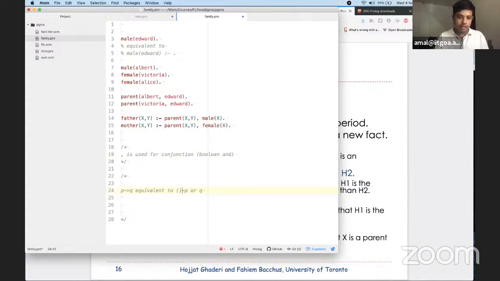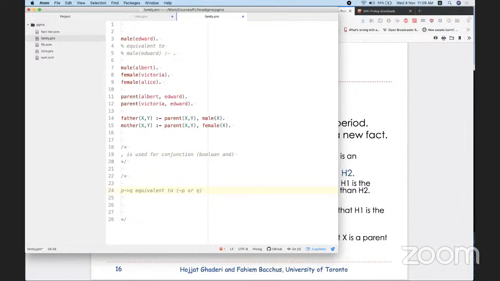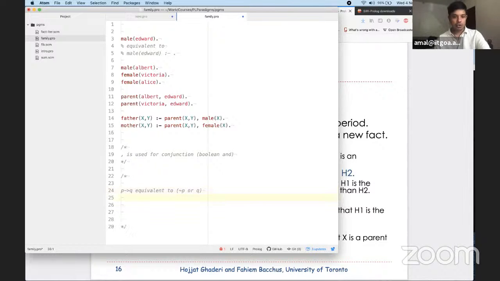Everybody understands this. Yes, sir, we just saw that in the request. Now all Prolog rules are of this form.